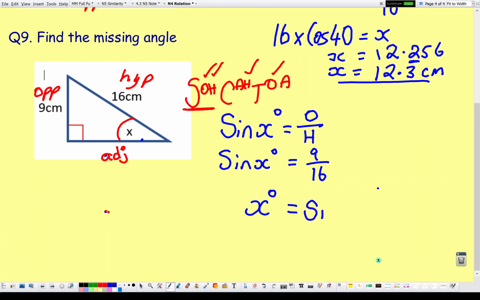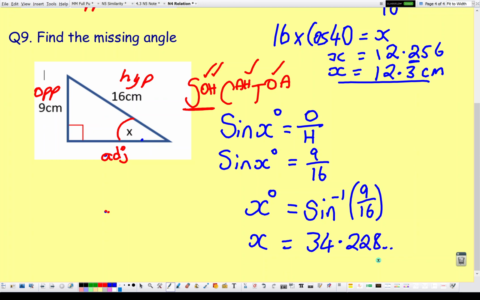We do the inverse of sine of the fraction, and we get that angle to be 34.22228, and that is then 34.2 degrees as your unit. Well done to those that gave me that answer. I hope the rest of us were able to do that inverse sine okay. If you got a totally different answer, make sure you're not in radians, make sure you have that degrees button ticked.